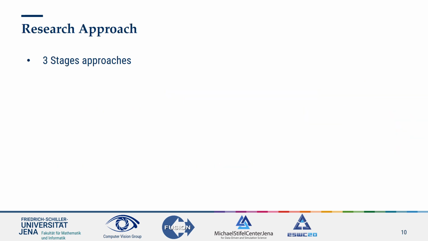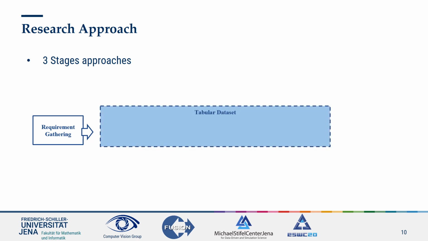In the first step of our research pipeline, we conducted several meetings with domain experts from the biodiversity field for requirement gathering. Based on their requirements, we came up with 3 main stages for our project. Firstly, we aim to build a knowledge graph from the tabular dataset as a standalone data source.